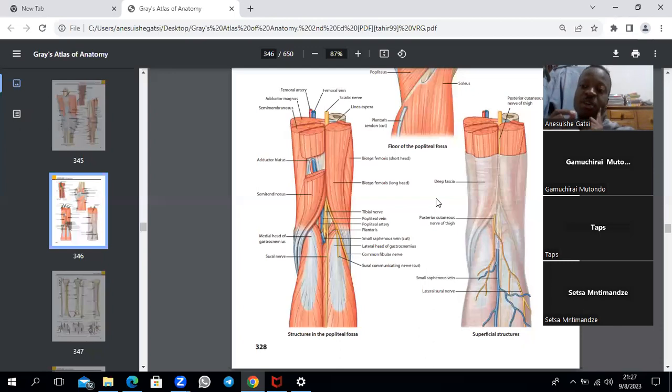The superficial peroneal innervates muscles in the lateral leg. So for now, I want you to generalize it. Posterior leg, tibial nerve. Anterior leg, deep peroneal nerve. Right. Lateral leg, superficial peroneal nerve. Right. Okay.